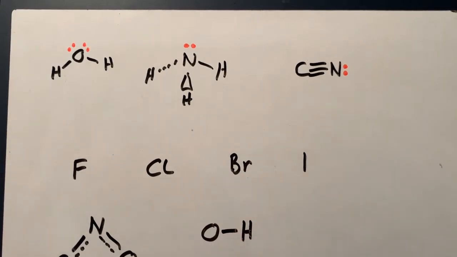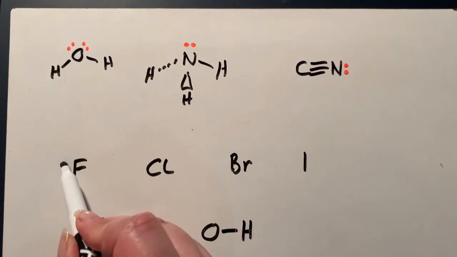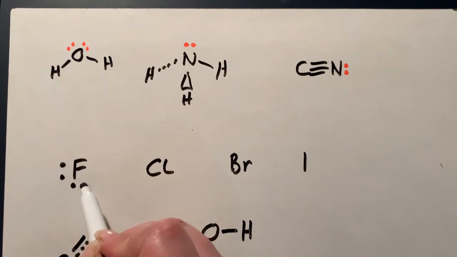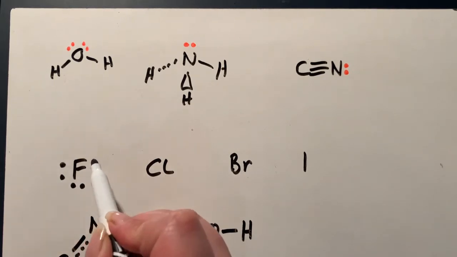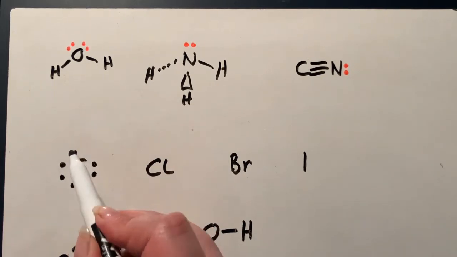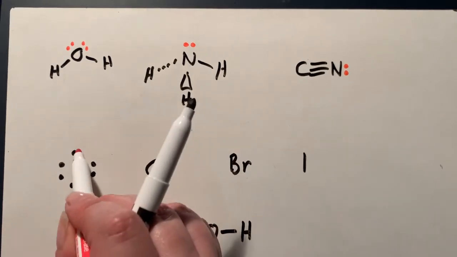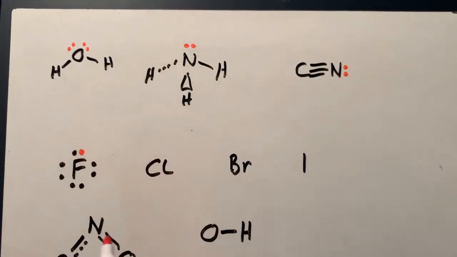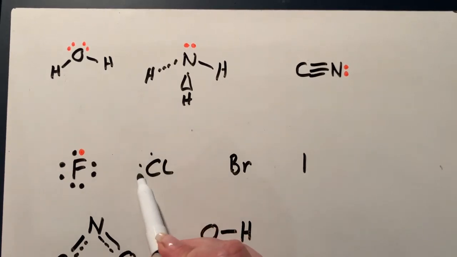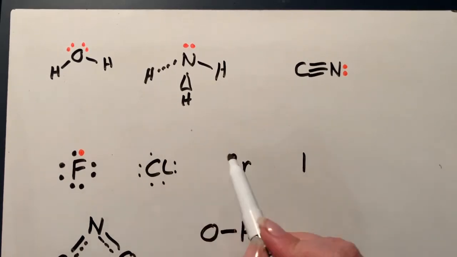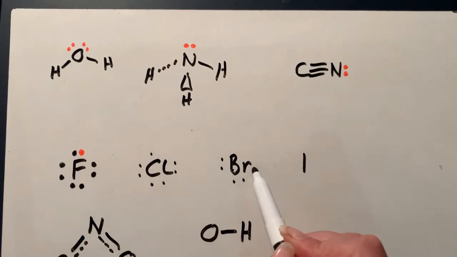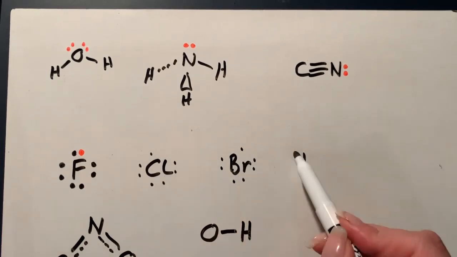Fluorine has got 7 electrons. So that's 3 lone pairs there, but because it's F minus, it's gained this extra one. So there's actually 8, and that would be the same for all of these as they're in the same group, obviously.